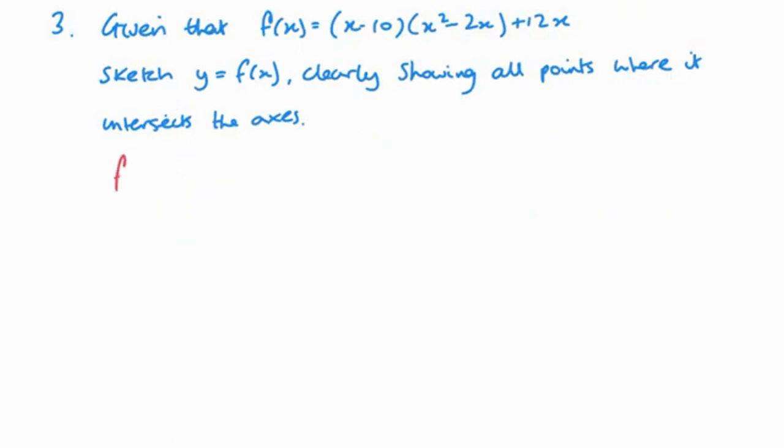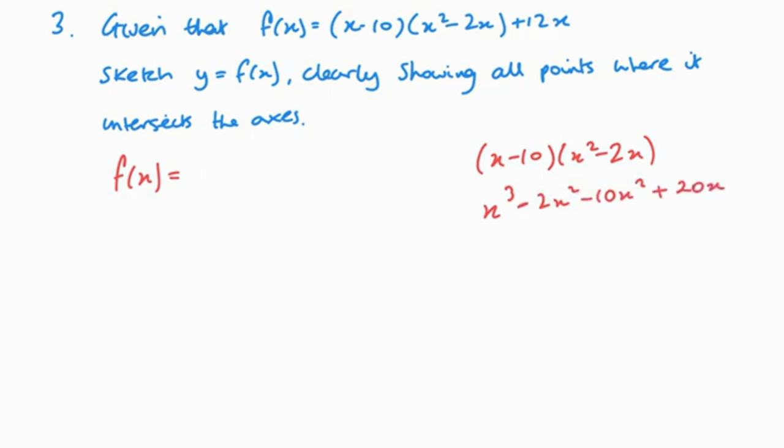So approaching this one, the first thing I need to do is expand all my brackets and then simplify. So we've got, if I look at just these two brackets first, x minus 10 and x squared minus 2x. We've got x cubed minus 2x squared minus 10x squared plus 20x. And then of course I got my plus 12x.